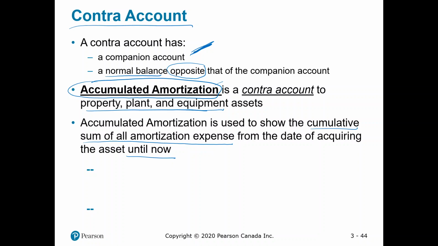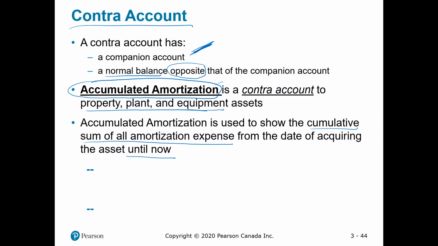And the reason that we do this is because we actually don't want to change the value of the actual PP&E account. So if we buy a truck for $30,000 and we have that amount sitting in this vehicles account, we know that every year we use it, we're using up some of the benefit, the usefulness is going down, so we need to amortize it and record that expense.